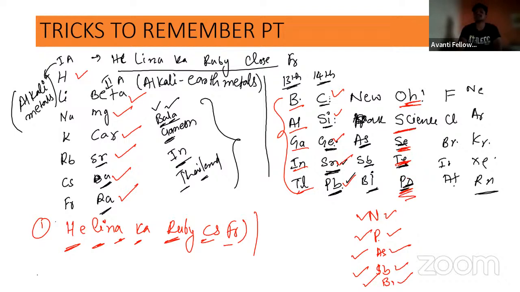That is oxygen, sulfur, selenium, tellurium, and polonium. Next, fluorine, chlorine, bromine, iodine, and astatine. That is father, collector, brother, inspector, attention. I hope you guys can remember these elements.